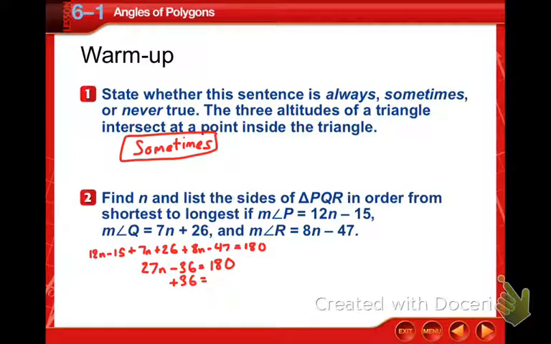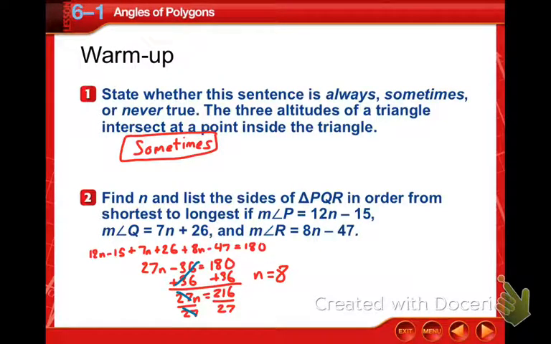That gets us 216 on the right, and 27n still on the left. We divide by 27. The 27's cancel, and we're left with n being equal to 8.